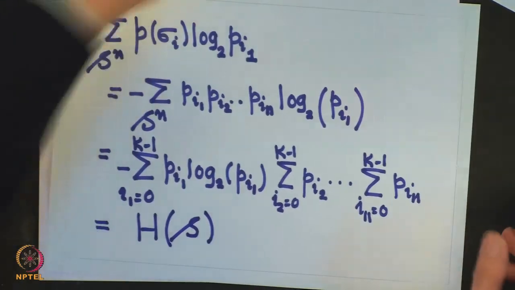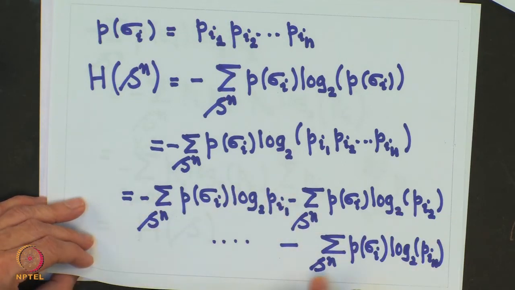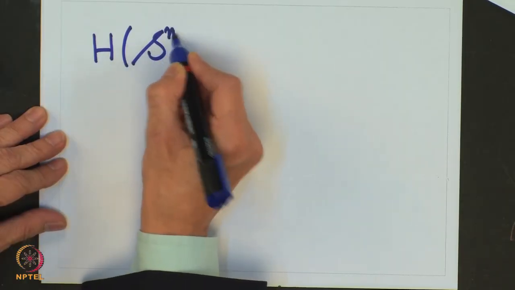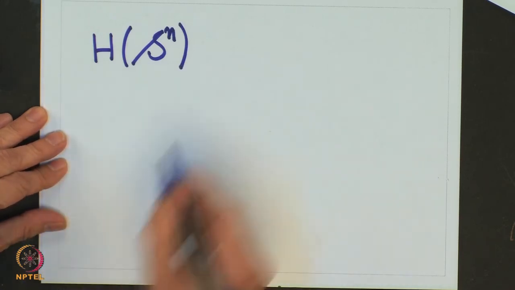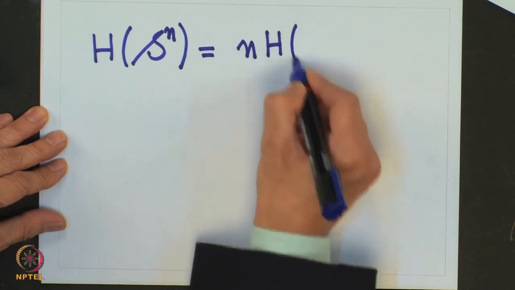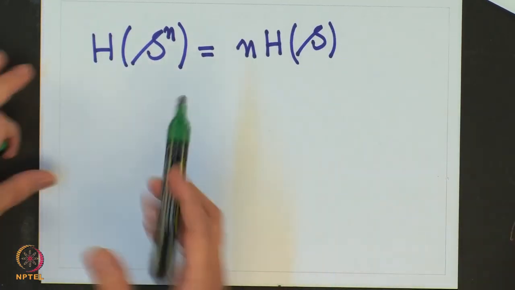So, going back to this expression, each of these is equal to H(S), and we have n terms like this. So, what I get is that the entropy of the nth extension of my original source turns out to be n times the entropy of my original source.